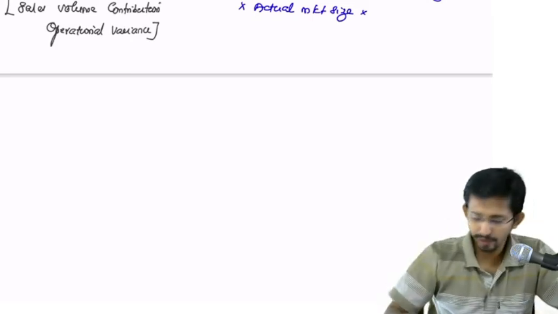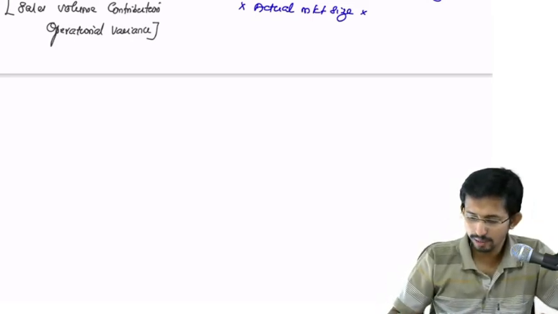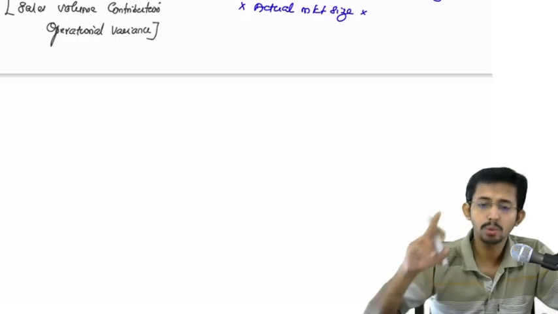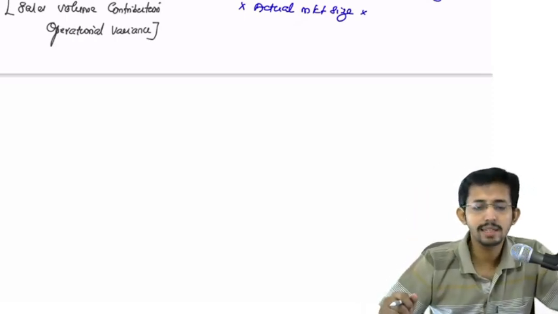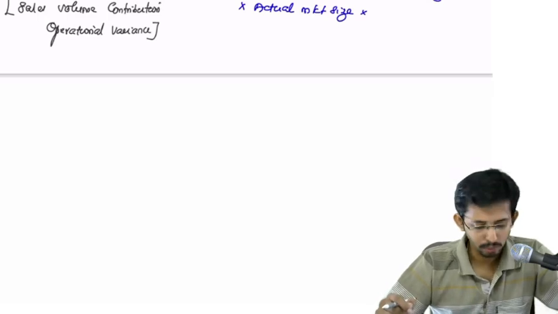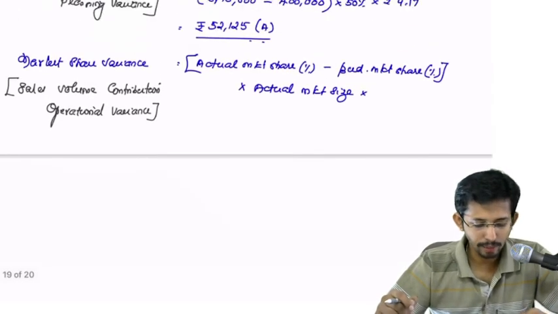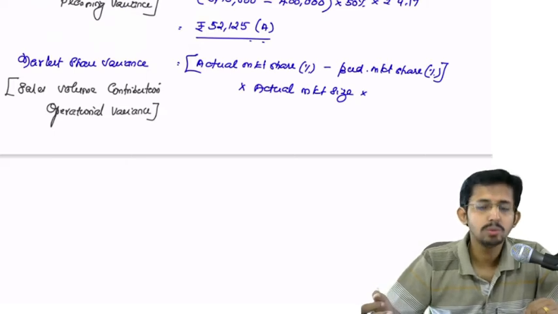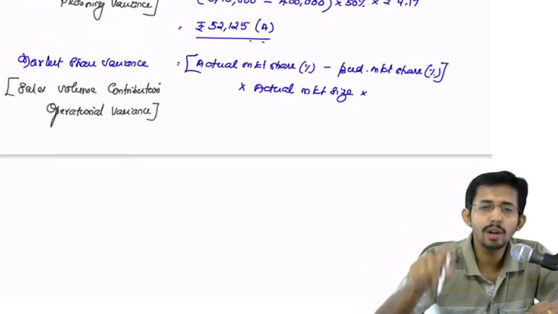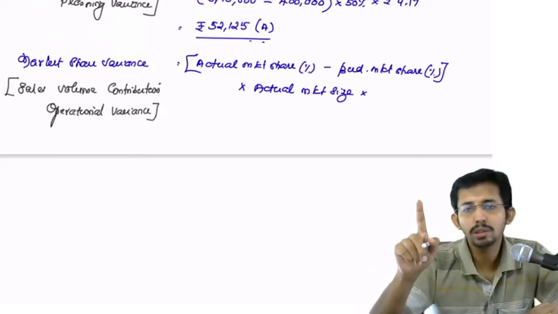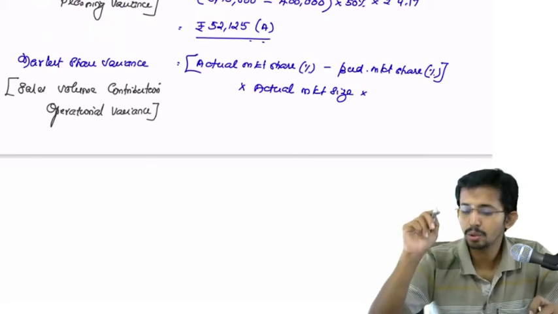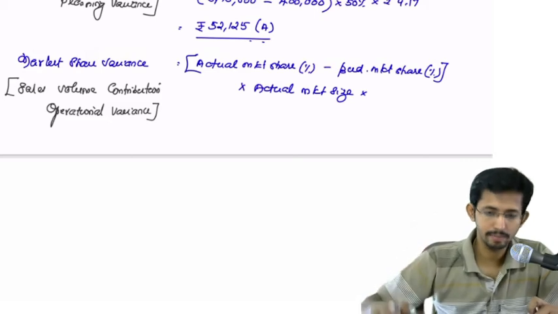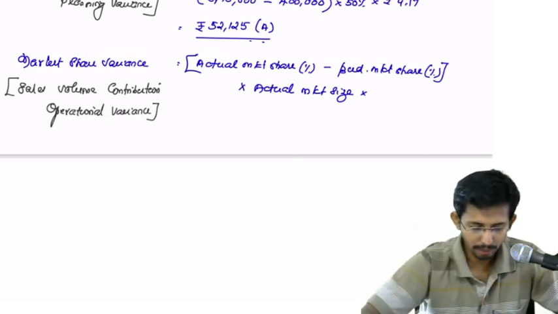So 22,500 units fall in the total sales was recorded due to the variance in the market share. For each fall in the sales quantity, I will lose 4.17 rupees as contribution loss. So 22,500 into 4.17. That is how you compute here.